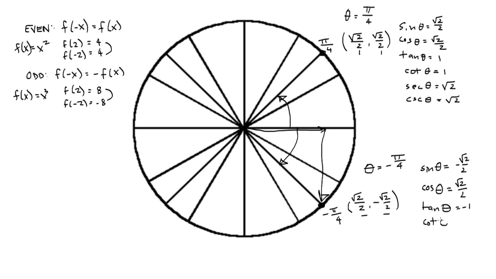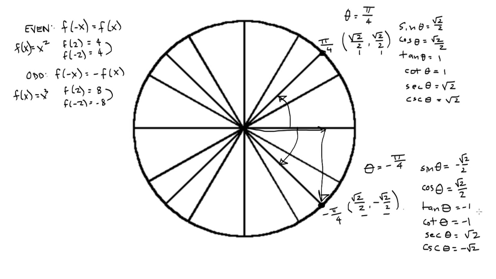My cotan is also negative 1. My secant, which is the reciprocal of my cosine, is positive radical 2 because my cosine was positive. And my cosecant is negative radical 2, because my sine was negative.